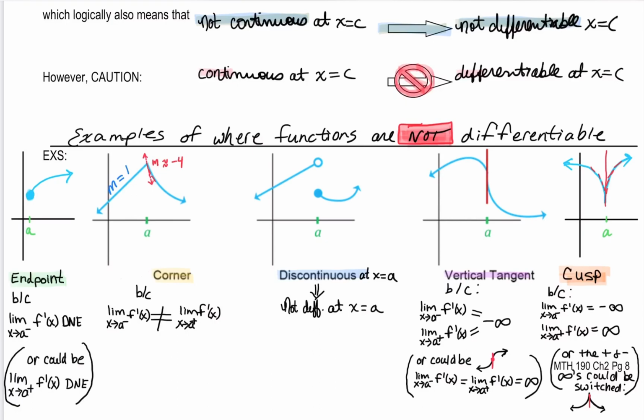The reason I'm making kind of a big deal about some of these observations is because these are going to have different implications when we get back in the next video to connecting the graph of a function and the graph of its derivative function. These are going to visually manifest themselves differently in the graphs of f prime.